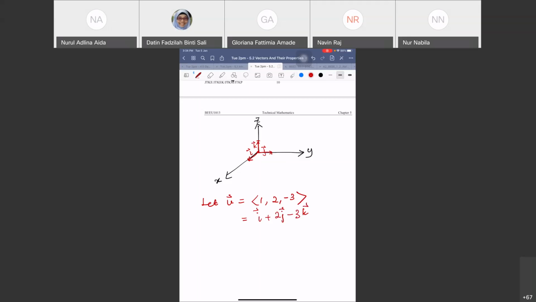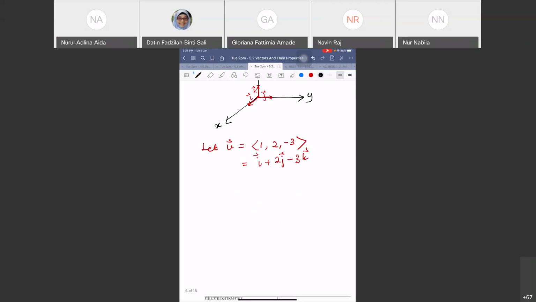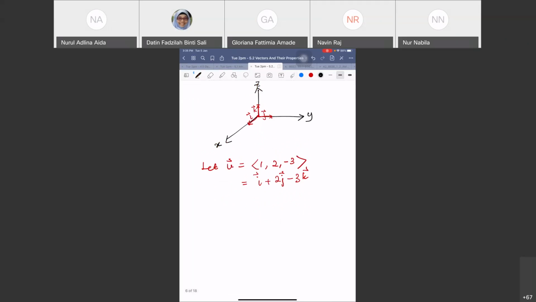If you are given just this one vector, how do you plot it? Basically, this is your position vector. So the way you plot it is the same as just now, in the three-dimensional coordinate system, when I showed you plotting a point.